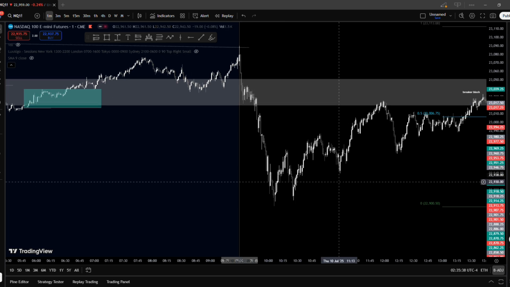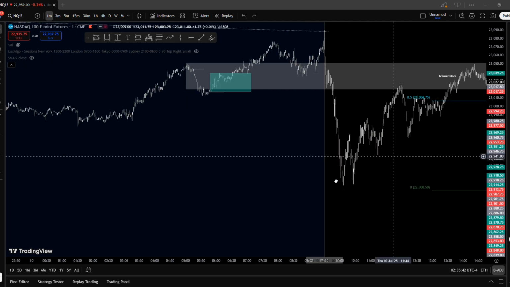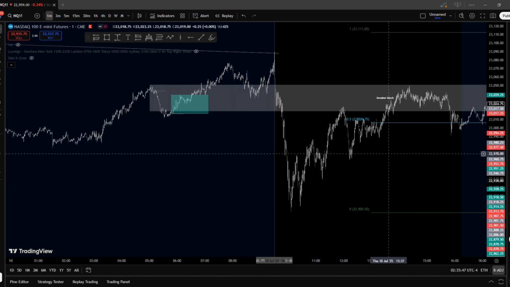But after this retracement, the market will eventually come to that 50%. The market needs to go to the 50% area, the equilibrium area, because the market needs to collect that liquidity to go down again.